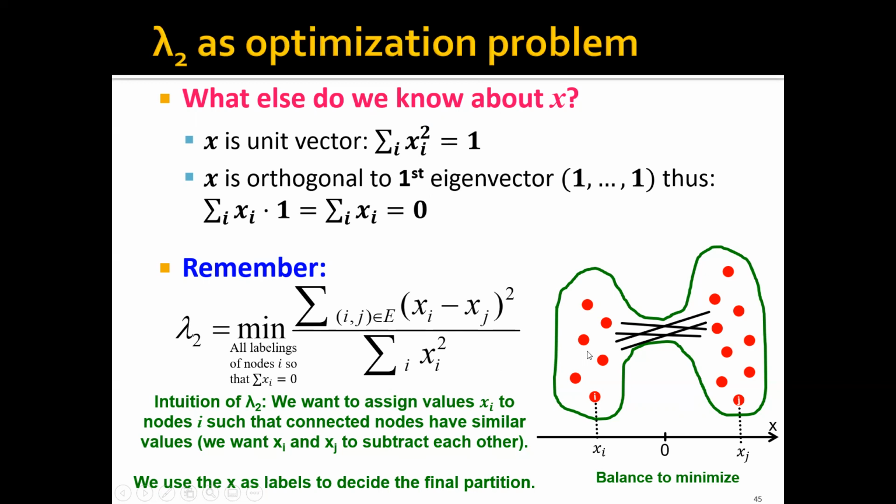Let's say we have some of the nodes assigned to one group, so these xi will be smaller than 0. Then some other nodes have to be larger than 0 in the labels. Otherwise, the sum of the labels would not be equal to 0, right? After we do this, we can use x as a label, and we can decide the final partition.